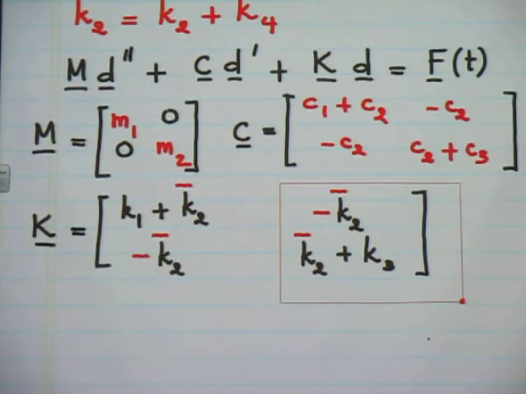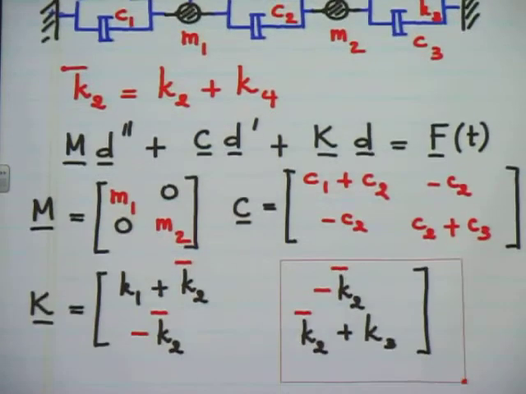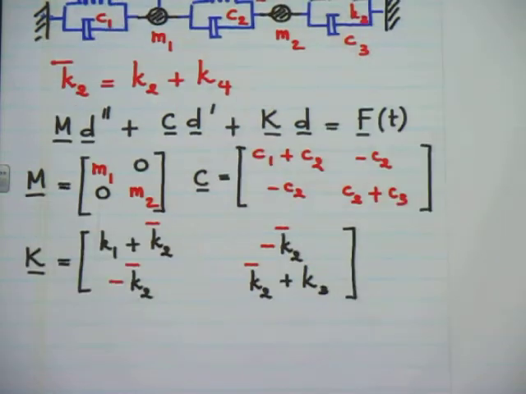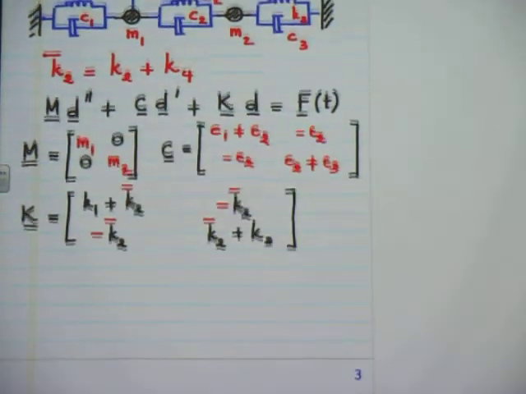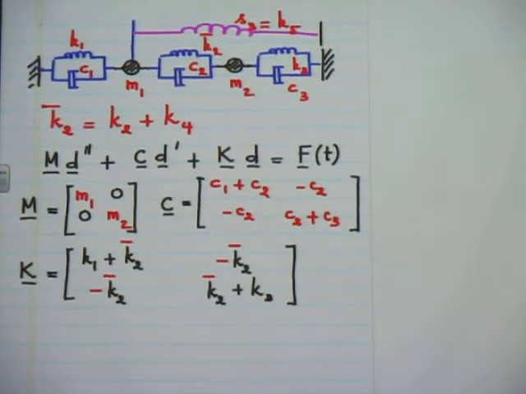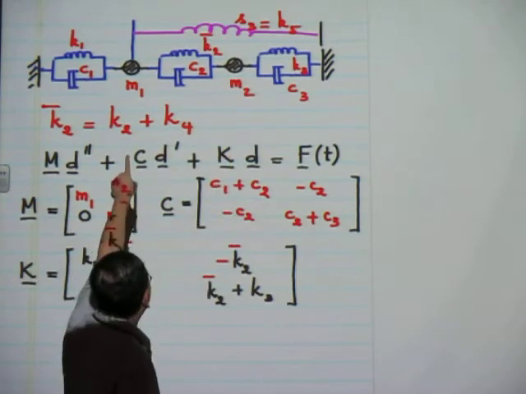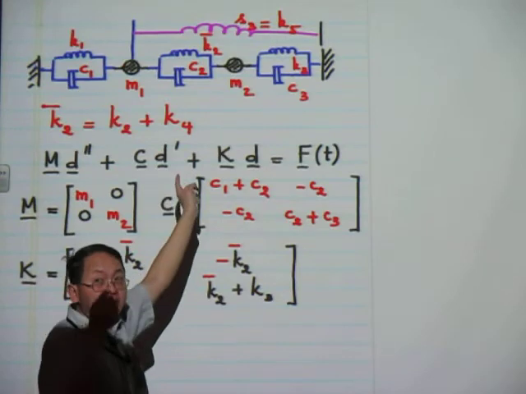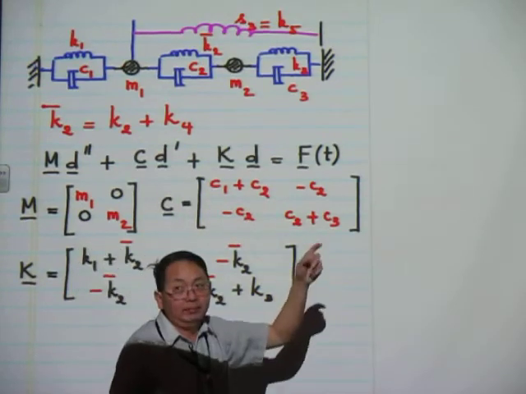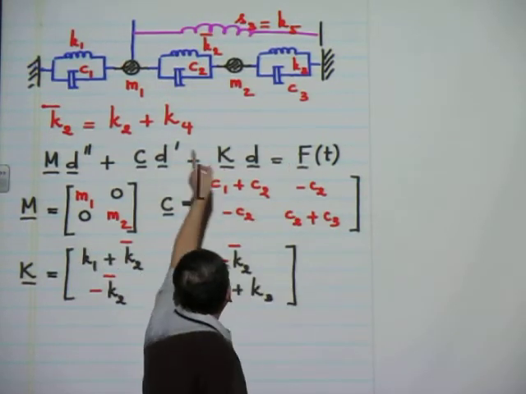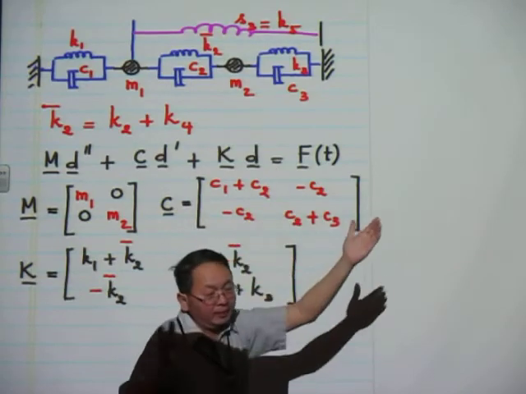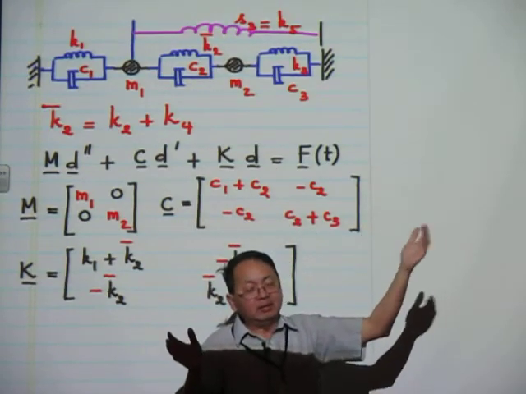Let's go back to the figure. Maybe I can zoom out so that you can see both. You see, this spring K5 connects the displacement D1 to the wall. Now the wall, you can think of it as a boundary condition that you eliminate.